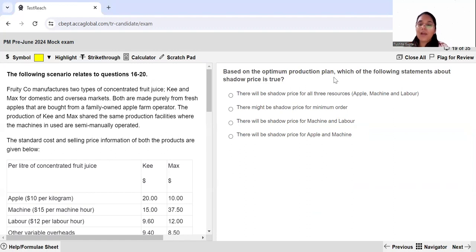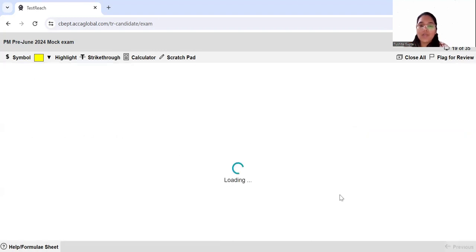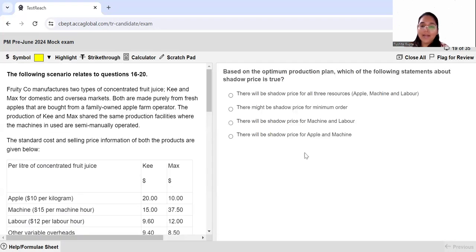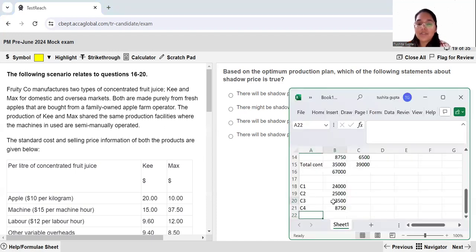Based on the optimum production plan, which of the following statements about shadow price are true? Shadow price will only exist for binding constraints. Like in the previous question, we identified apples and machine hours to be our binding constraints. If we get extra of them, we can increase our profits. We still have capacity left when it comes to the C3 constraint.